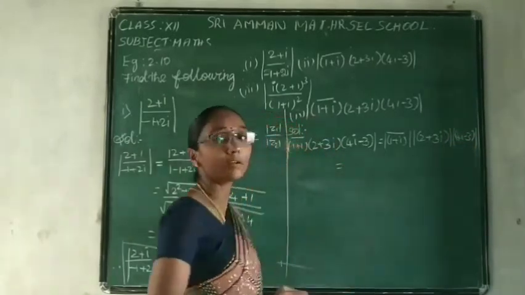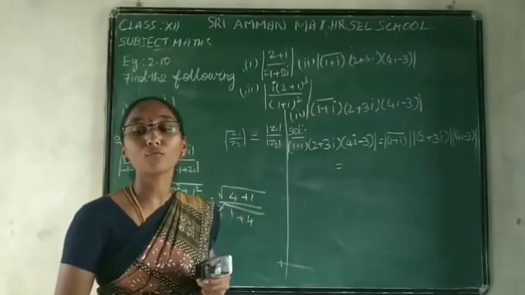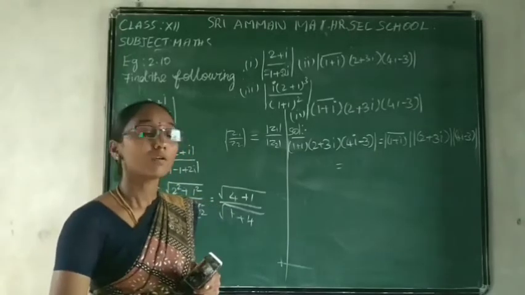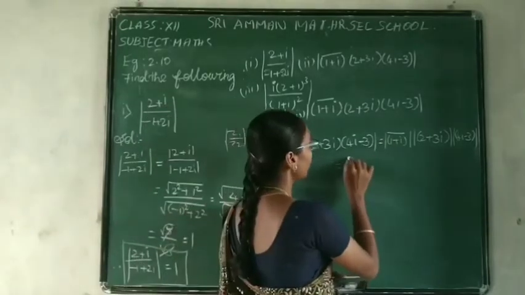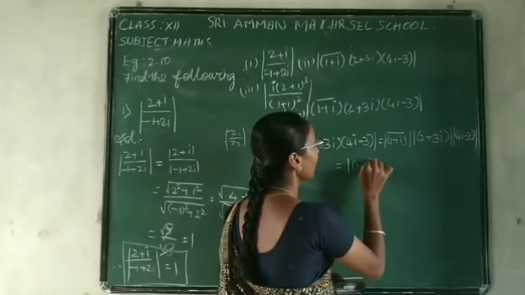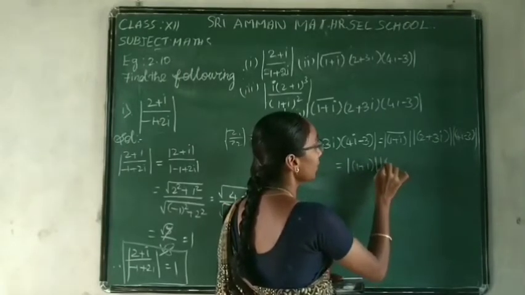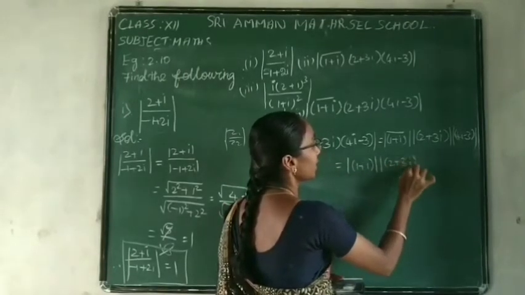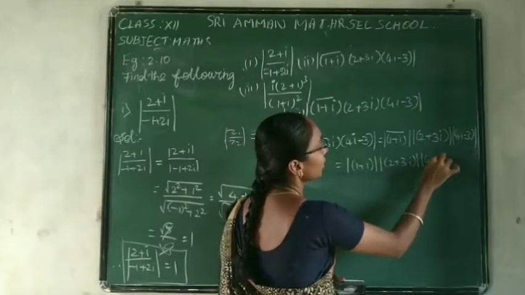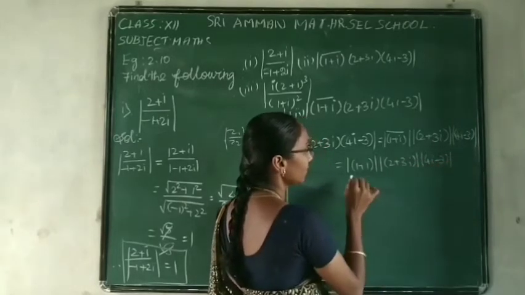Listen, modulus of z bar and modulus of z are both equal. So in this place, modulus of 1 plus i into modulus of 2 plus 3i into modulus of 4i minus 3.